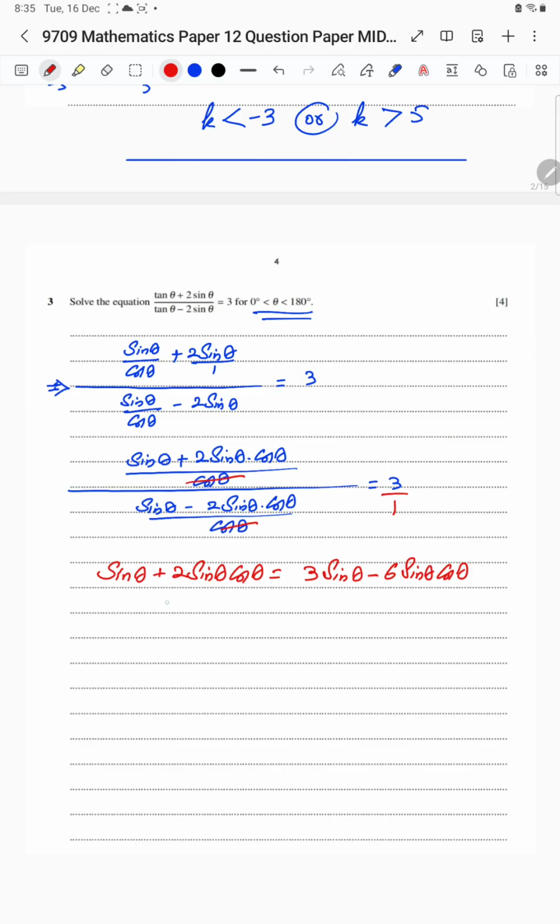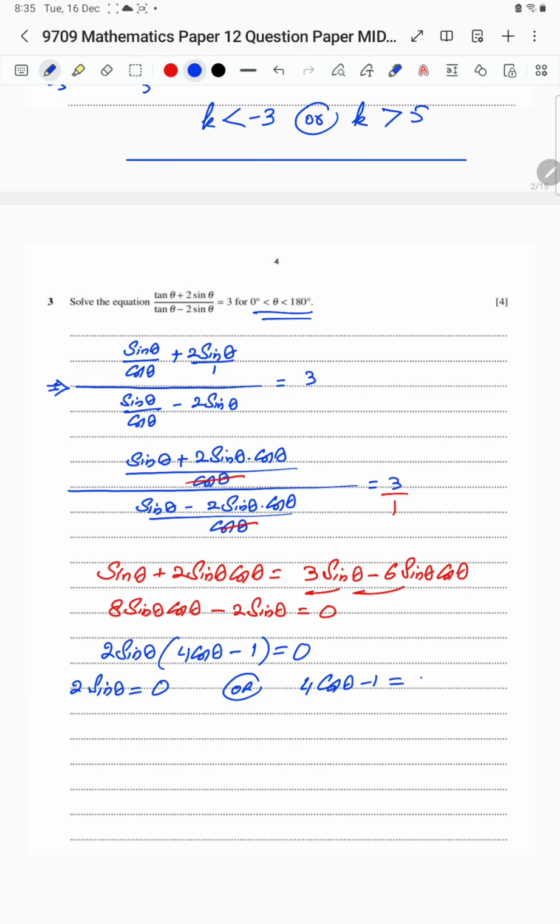Bringing every term to the left, it becomes 8 sin theta cos theta minus 2 sin theta equals 0. Now we can take 2 sin theta as common. For further simplification, we get 2 sin theta times (4 cos theta minus 1) equals 0. So we have two possibilities, either 2 sin theta equals 0 or 4 cos theta minus 1 equals 0.